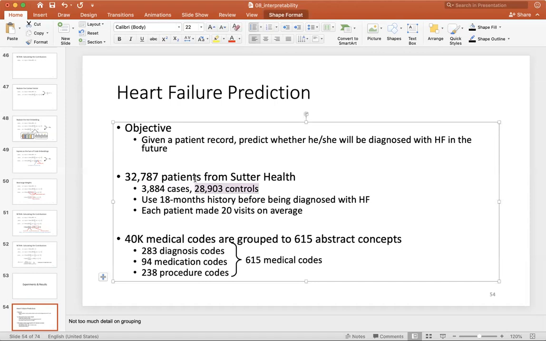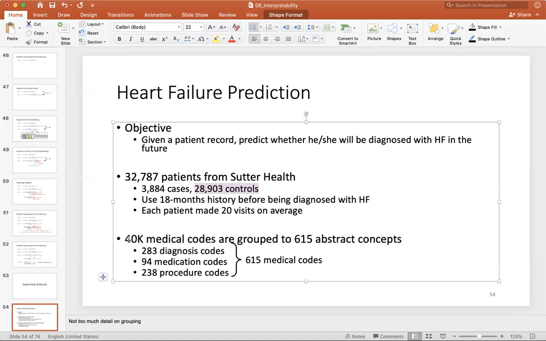So based on these, and of course, as I said, originally each visit would consist of a 40,000-dimensional vector, because of 10,000 diagnoses and 20,000 medications. I didn't do that in this example because trying to visualize 40,000 different codes would be very painful.